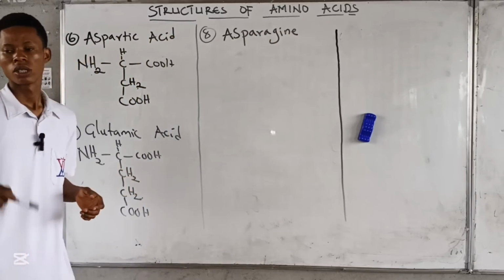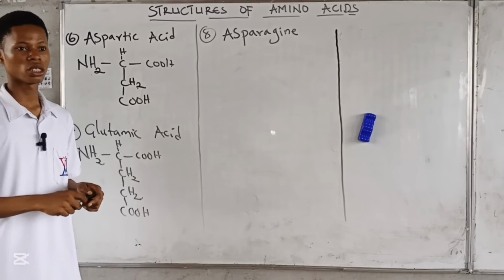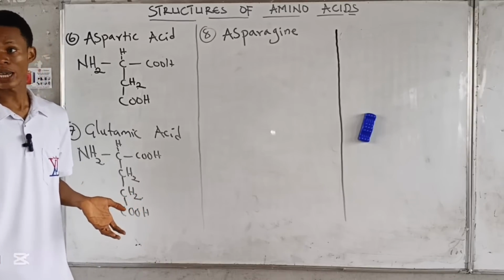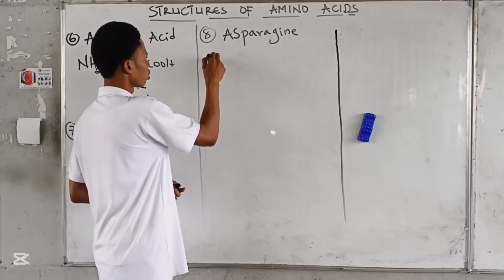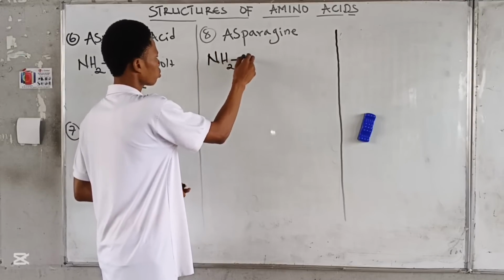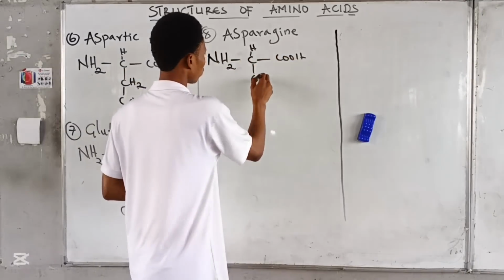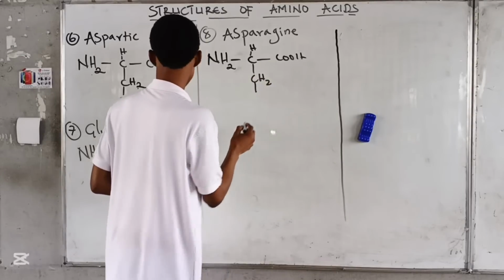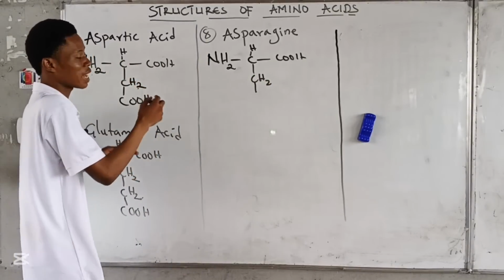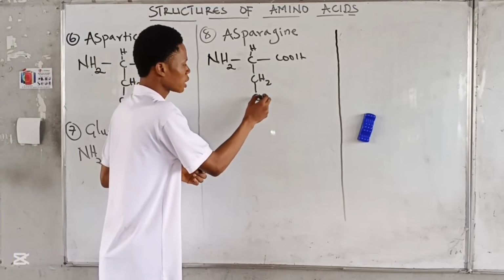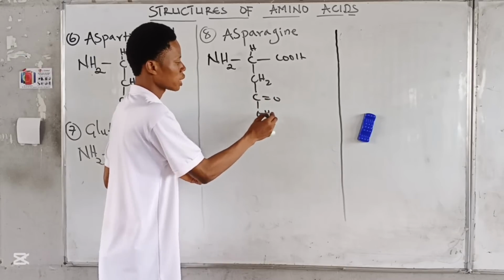Asparagine. Now to draw asparagine, you still draw your alanine, right? Now if it was aspartic acid you wanted to draw, we write COOH, right?